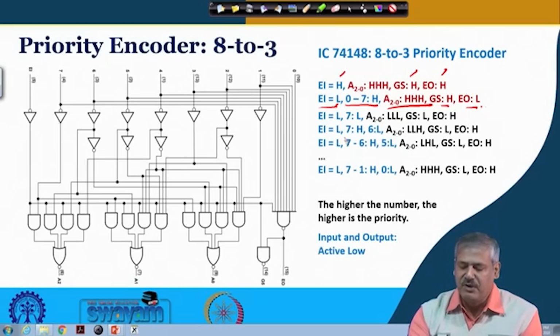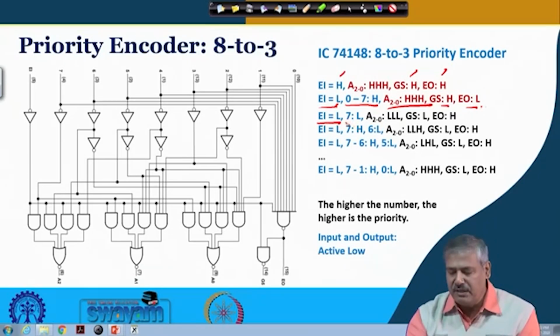And finally, when enable input is low and one of the inputs is low, that is, one of the inputs is active, at that time the corresponding output will be there. If it is 7, then it is LLL, that is 0 0 0, because it is active low. That is another part of it, the encoding part of it. And what you see at that time, if data is present, GS will become low.